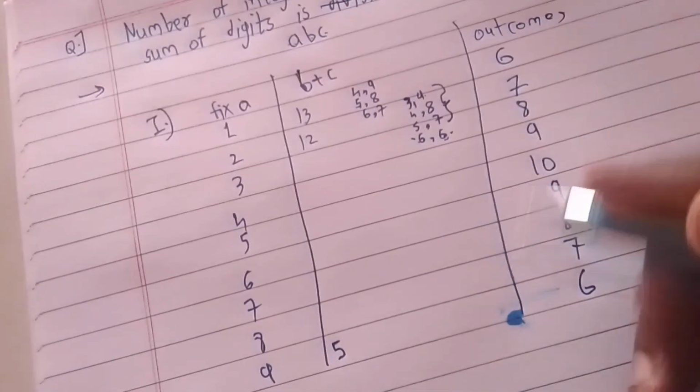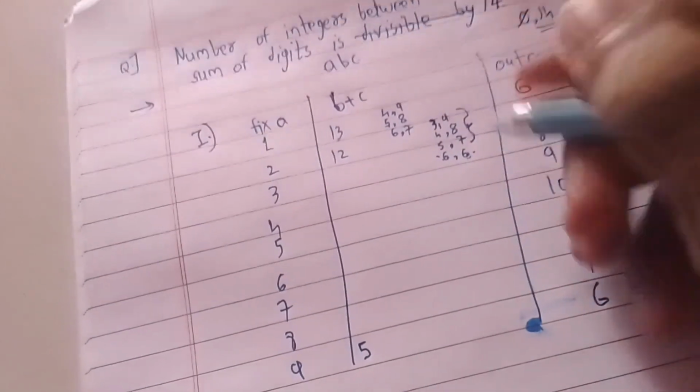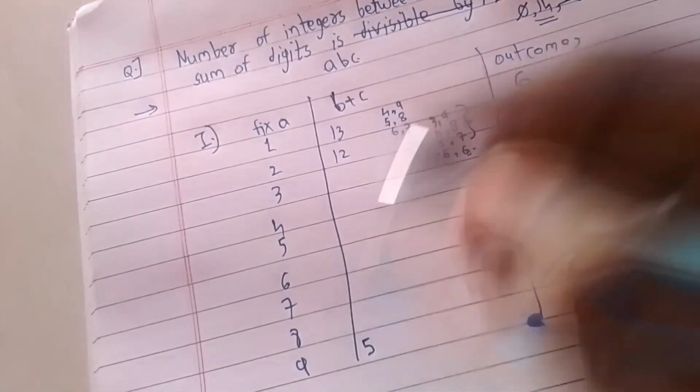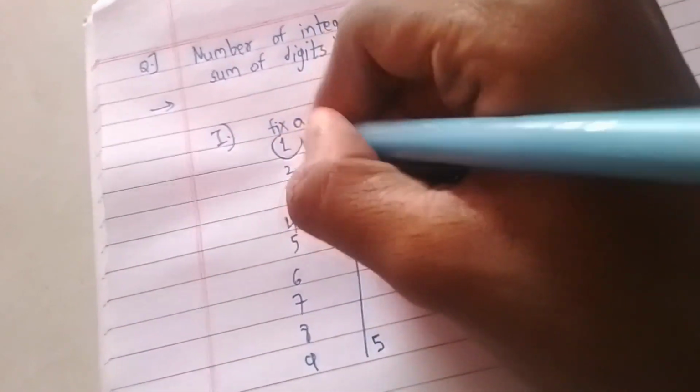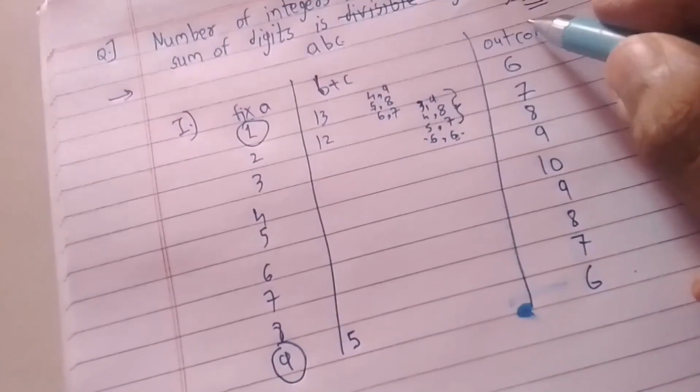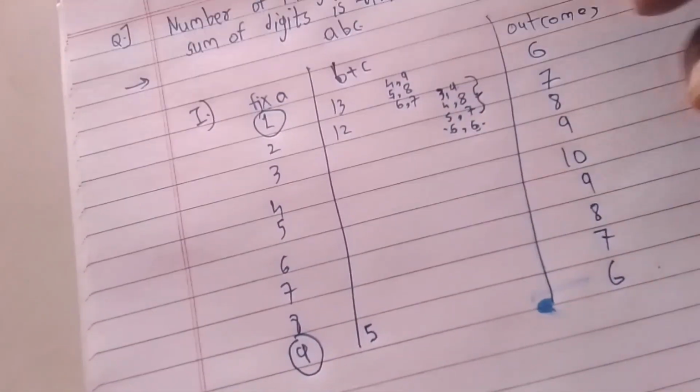Now the very general approach for such type of questions is you won't be calculating all values at 3, 4, 5, 6 and 8, 9. You will be directly calculating the value at 1, directly calculating the value at 9. So you have 6 and 6 here, and then you will just check the value at 2 and 8.